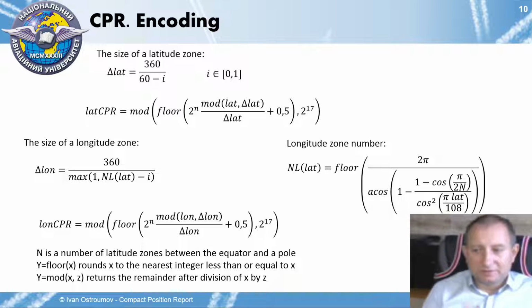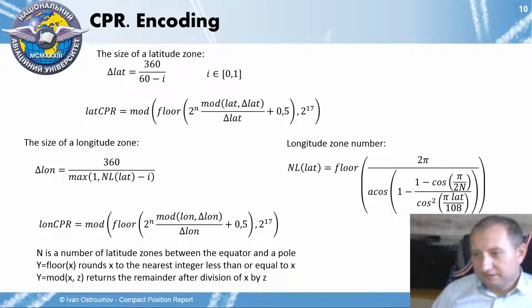And please remember that CPR is quite important. Of course, we see latitude and longitude. However, on the technical side, using latitude and longitude is quite complicated because it requires a lot of space for storing geolocation data.